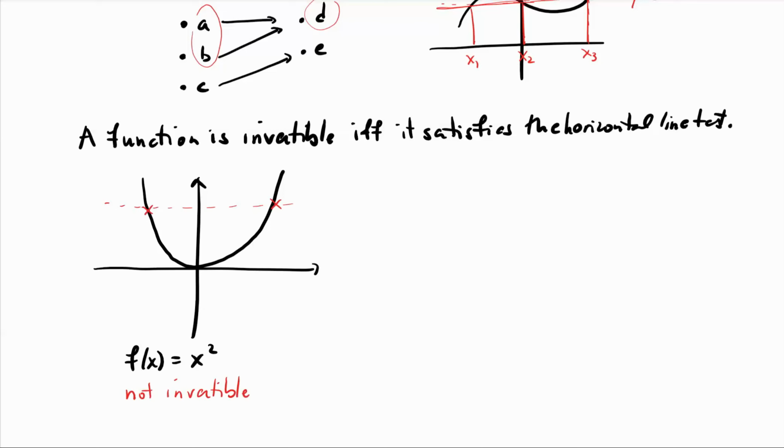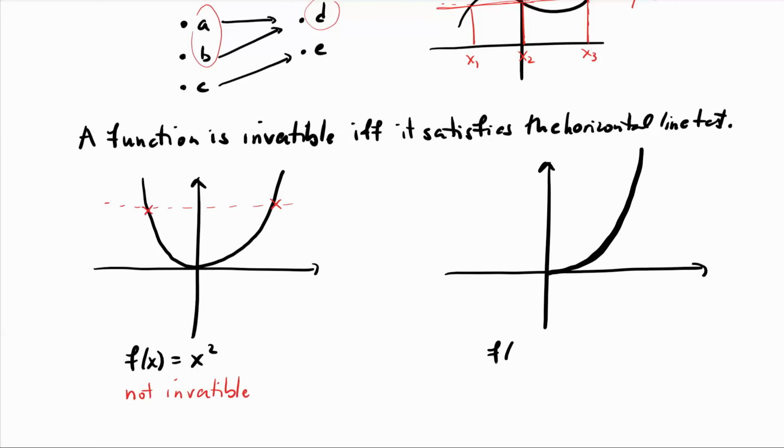However, if I take the same function but restrict its domain, let's say restrict the domain to the positive values of x, so now this is f of x equals x squared where the domain of f is restricted to the positive values of x, and now it's just this right branch of the parabola. That's the graph of f. Now it's invertible because it satisfies the horizontal line test.